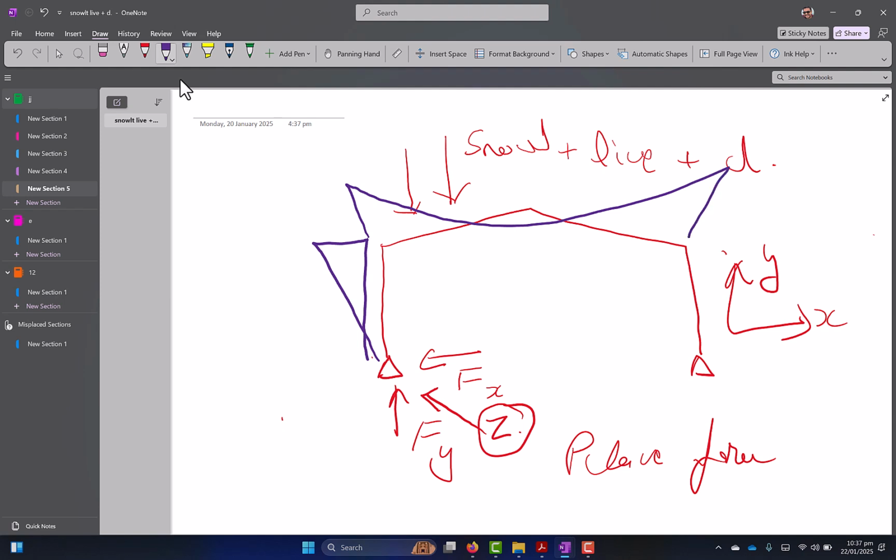So the BMD is the basic dictator of the shape of the pre-engineered building, and you see pre-engineered buildings like this. They are an actual replica, in the other direction, of the bending moment diagram.